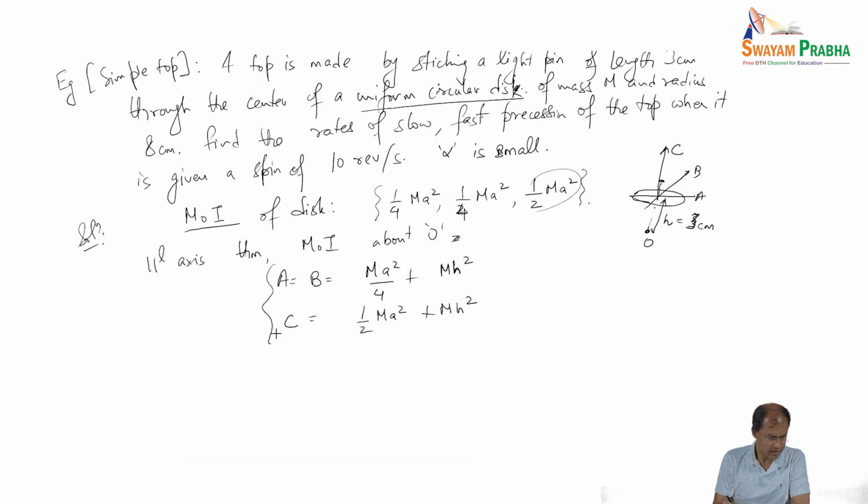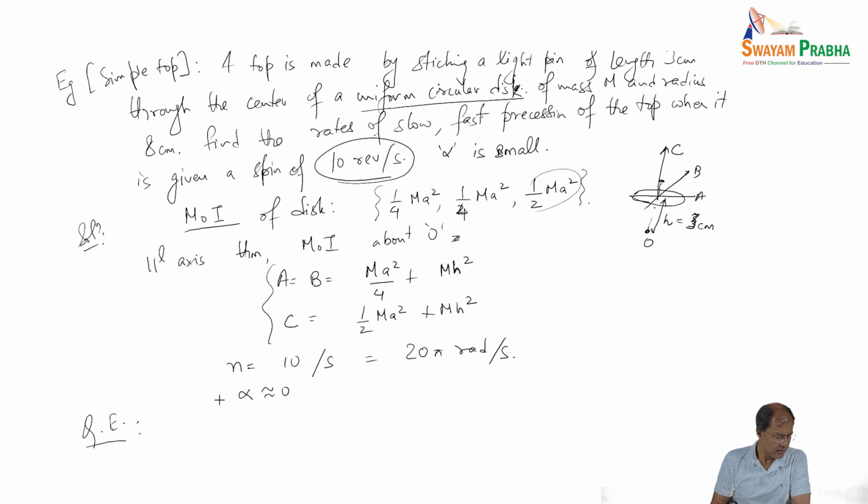Okay, so then we plug in all the details. We are given the spin of the disk, that is n, to be 10 rev per second. So 10 into 2 pi radians per second. So this is 20 pi radians per second, and alpha is roughly equal to 0. We have a quadratic equation for this setup.